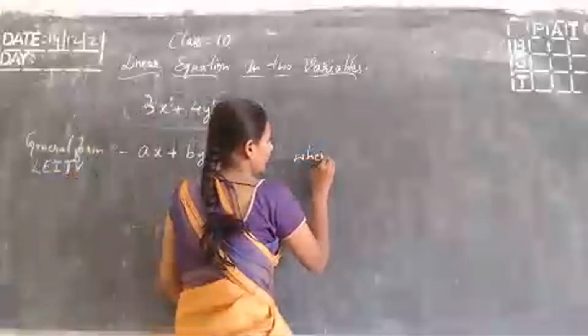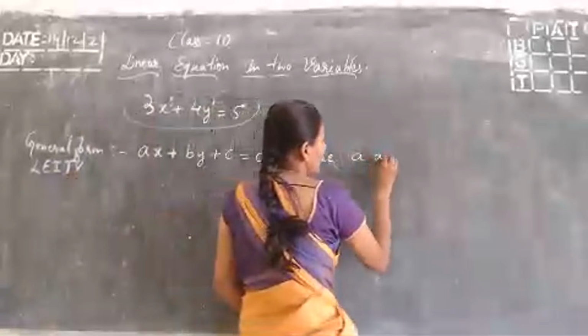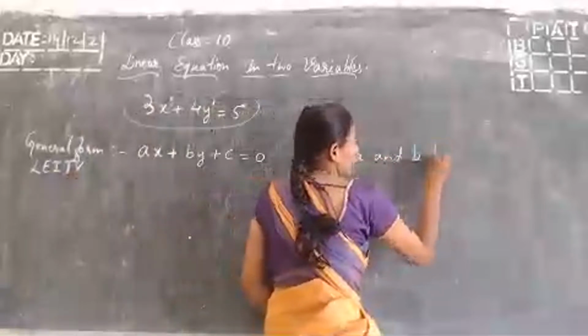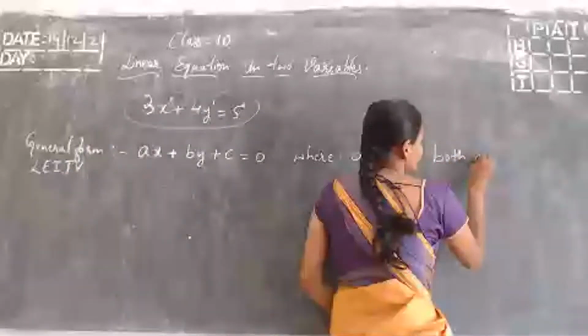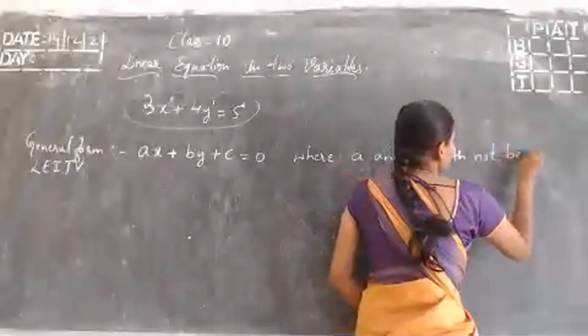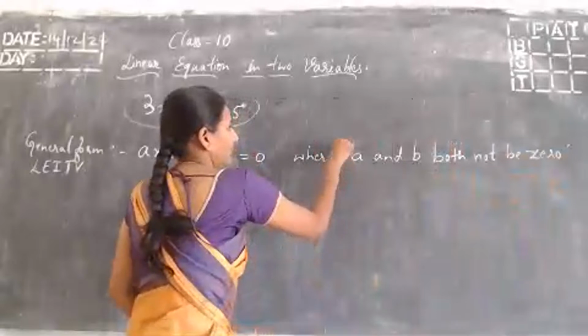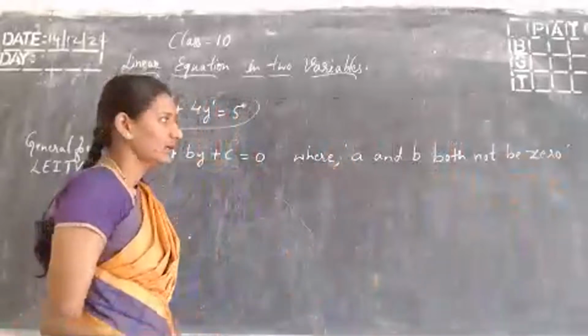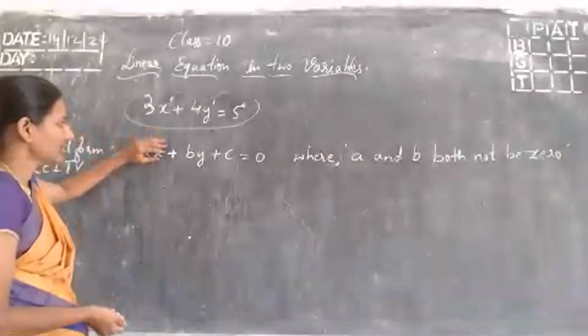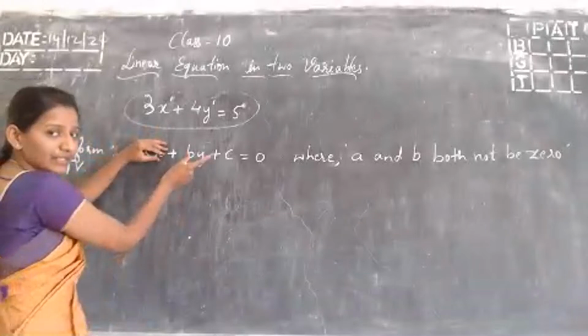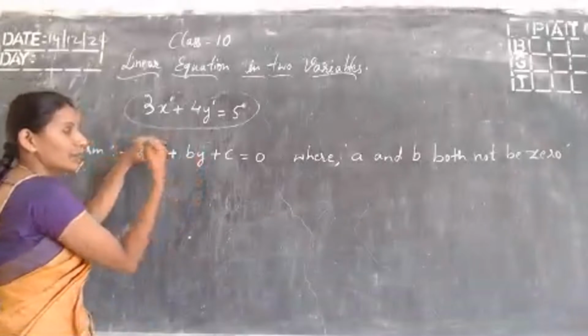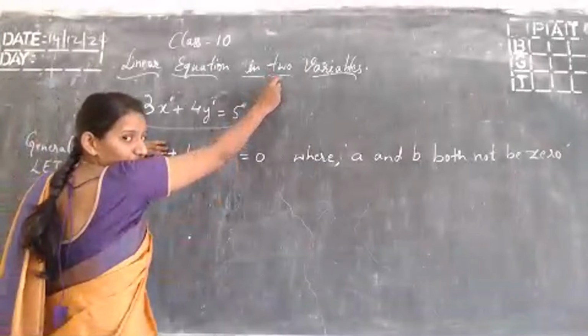Where a and b both should not be 0. Why? See, if a becomes 0, what happens? It becomes a linear equation in one variable. But now we are discussing two variables.